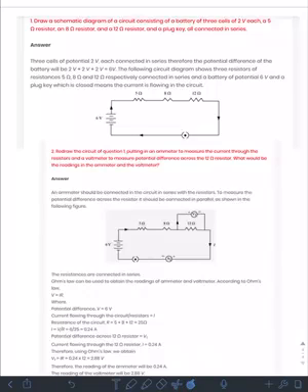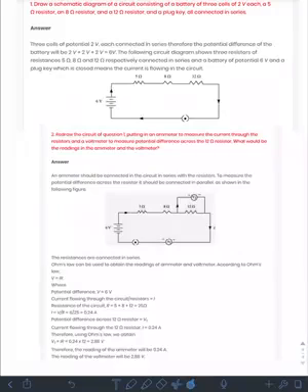So 3 cells of potential difference 2 volt each are connected in series. Therefore, the potential difference of the battery will be 2 volt plus 2 volt plus 2 volt. That is how much? 6 volt. The following circuit diagram shows the 3 resistors of 5 ohm, 8 ohm and 12 ohm respectively connected in series, a battery of potential 6 volt, and a plug key which, when closed, means the current is flowing in the circuit.